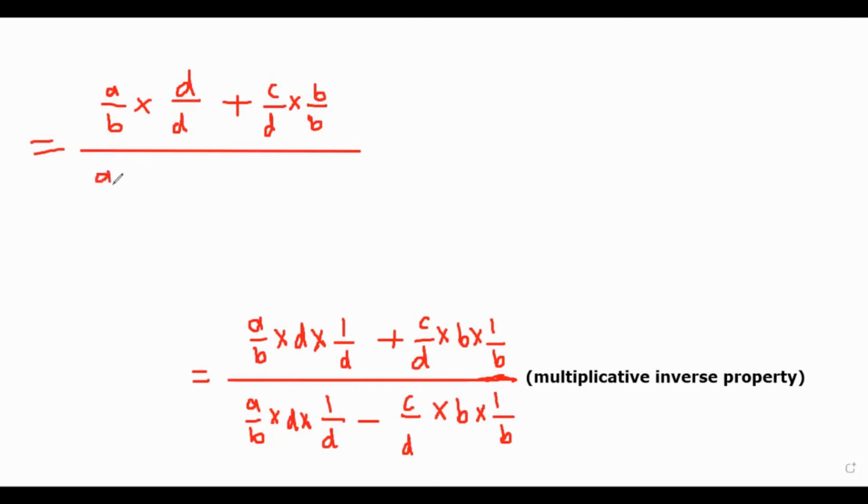Similarly, in the denominator, we can write a by b multiplied by d by d minus c by d multiplied by b by b. So which property have you used here? You have used the property of the multiplicative identity.